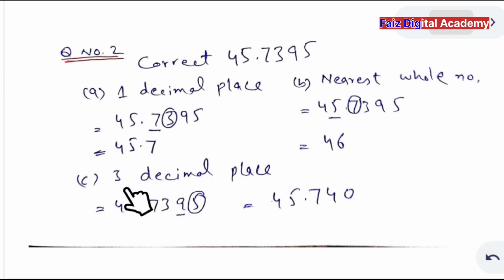And if we have to do it to 3 decimal places, then we write the number up to 3 decimals, and the third decimal is decided on the basis of the fourth number. So this is how we can write the numbers to 1 decimal place, 2 decimal places, to the nearest whole number, and so on.